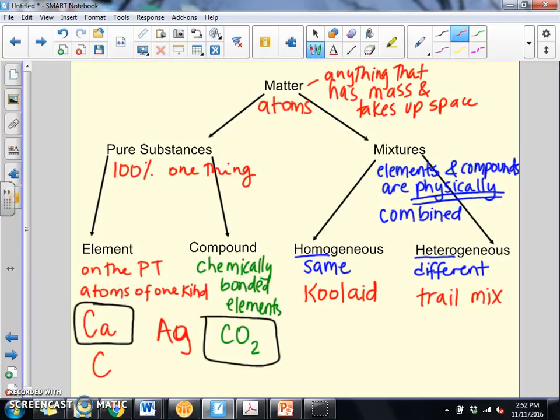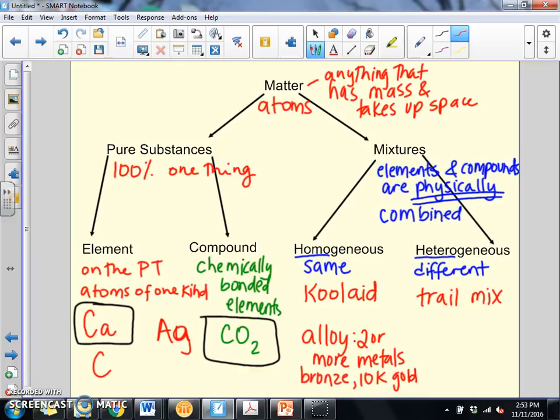One special type of homogeneous mixture is called an alloy. An alloy is when two or more metals have been mixed. For example, we could have bronze, or 10-karat gold.